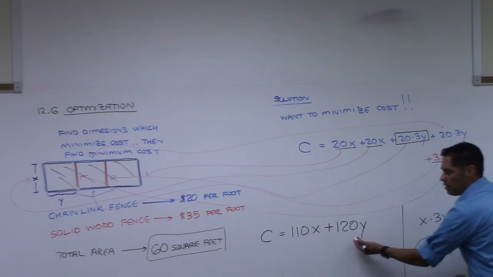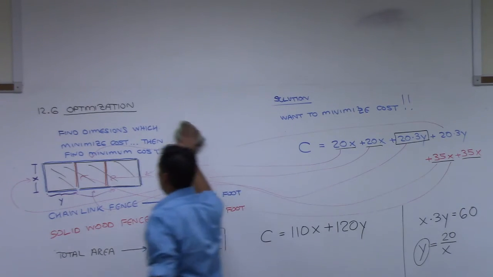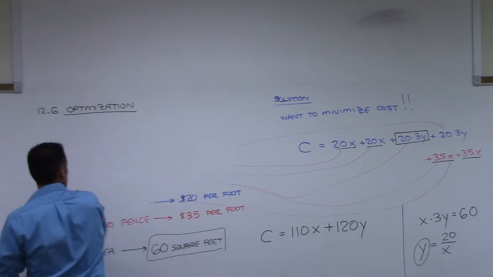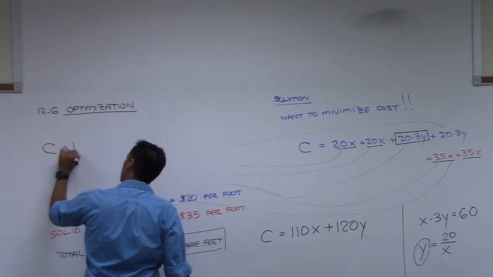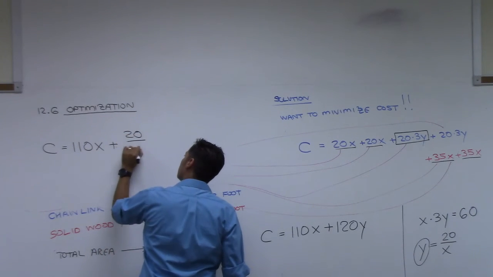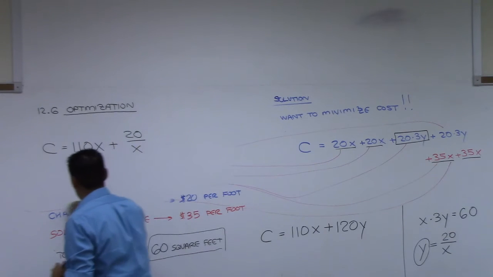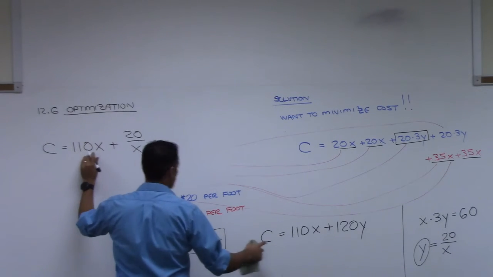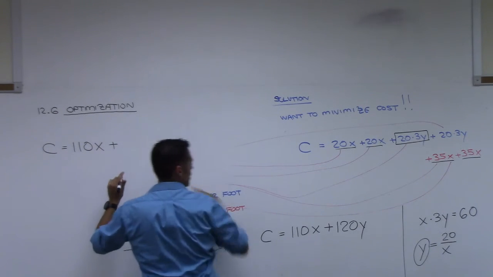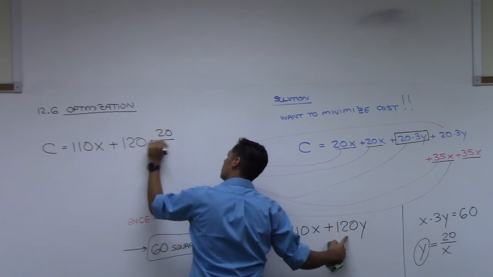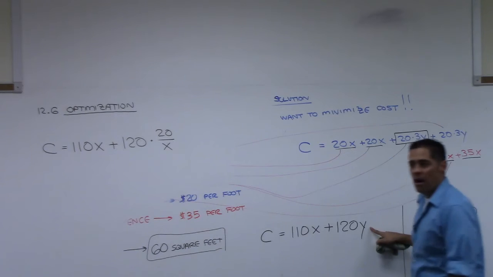So if I come back over here to my cost function, can't I write my cost function like this? Cost is equal to 110x plus, sorry, I forgot to put 120. 120 times 20 over x. See, 20 over x is y, isn't it?